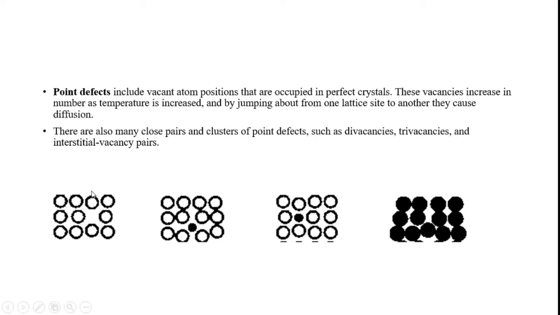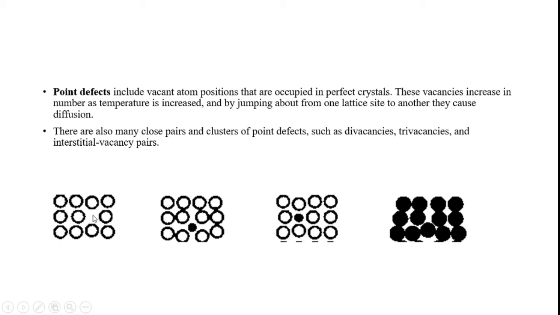Here you see the first sketch. In the real crystal structure there is no gap available, but in that first picture there is a void in between the real crystals. This void is known as the point defect. Here there is a vacancy available in the second row, third column.